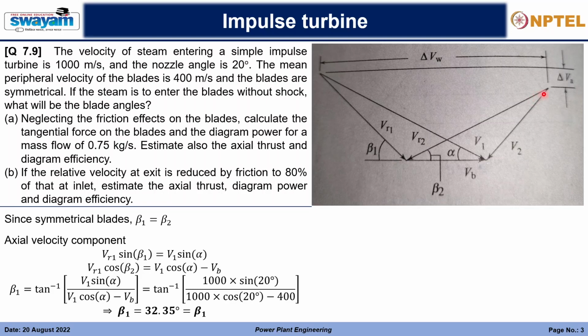So it will move out according to this arrow that you can see. So this is the relative velocity vr2. By the vr2 value it is moving out, but the turbine is also moving in this direction, right? So we will have to subtract the value of the turbine speed, so that we can get the actual velocity with which the steam is exiting the blade.